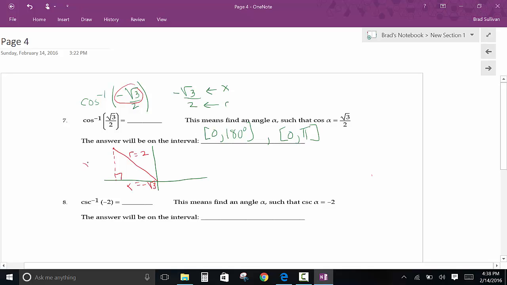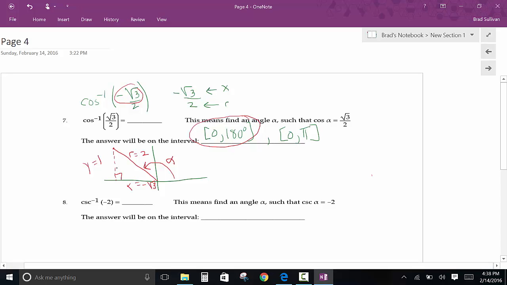So y, based on our knowledge of the triangle, is going to be 1, and it's a positive 1 since you're going up. Your job is to find that angle alpha. You have to be in this quadrant because your answer to an inverse cosine is only between 0 and 180. If I ask you for an inverse cosine, you're either in quadrant 1 or quadrant 2. You can't be anywhere else.